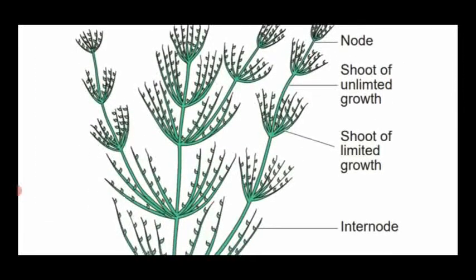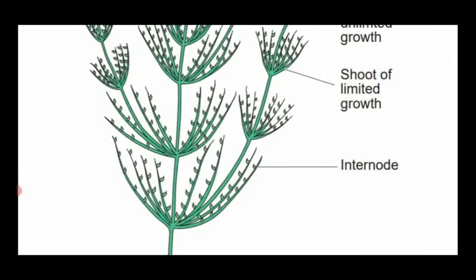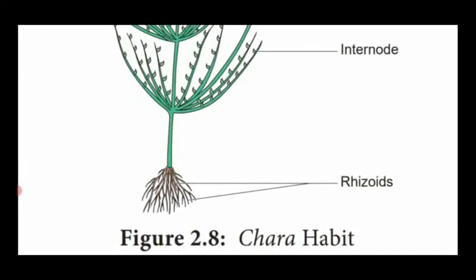This is the habitat of Chara. The center region is known as the main axis. At the base, they have many rhizoids, that is, branched rhizoids that look like threads, multicellular. They arise at the base of the main axis, or sometimes from the peripheral cells of the lower node.